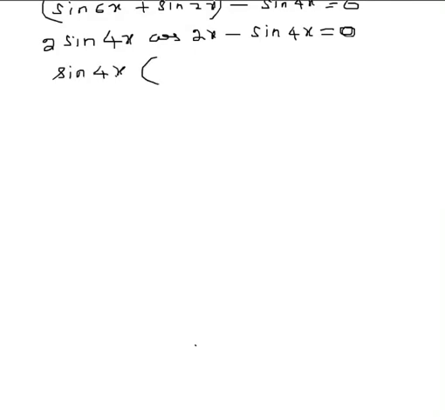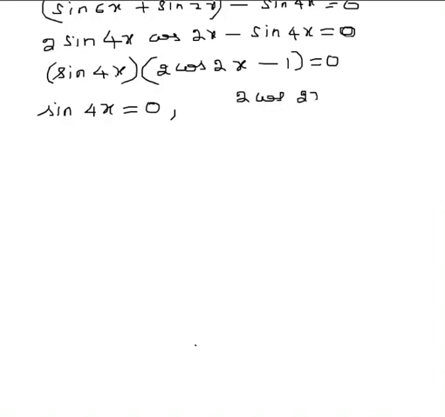I am taking sin 4x out. We get cos 2x minus 1 equal to 0. So we have a product of two terms which is equal to 0. Either the first term should be 0 or the second term should be 0.